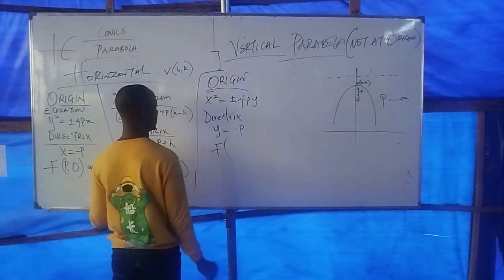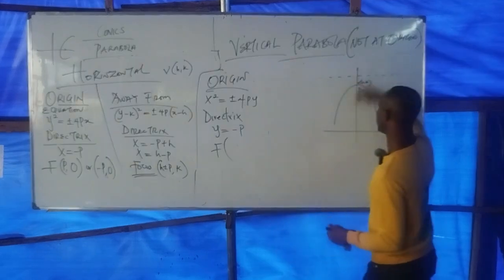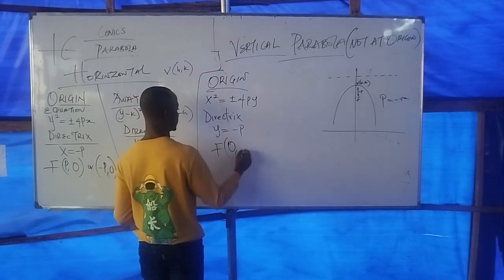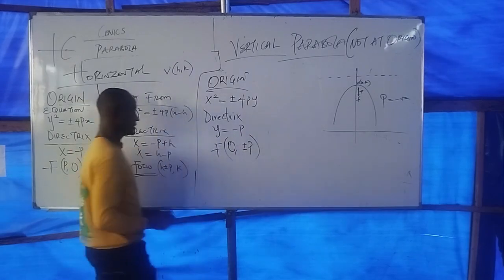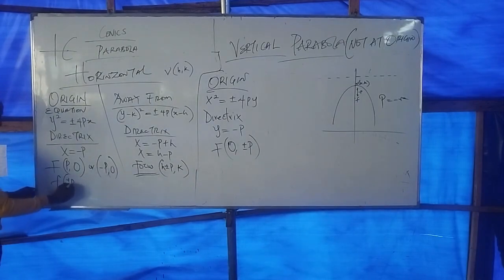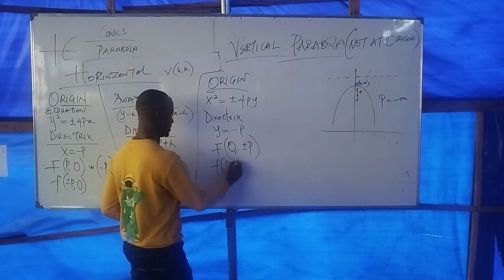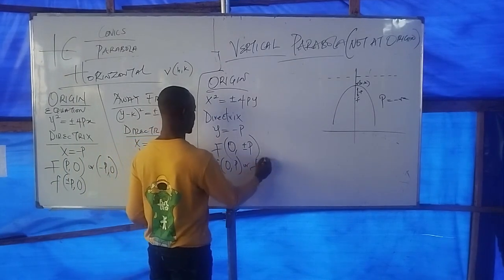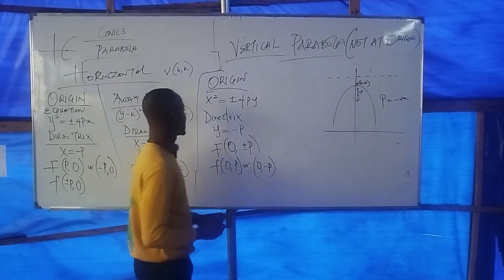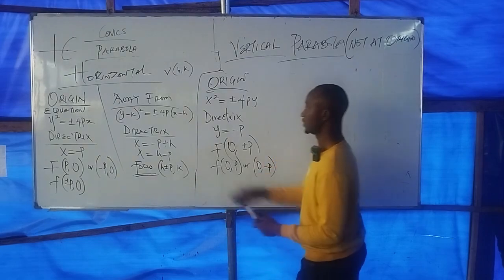Because the parabola is along the y-axis, the focus will have a value on the y component. So our x is 0, and the focus becomes (0, p) or (0, minus p).